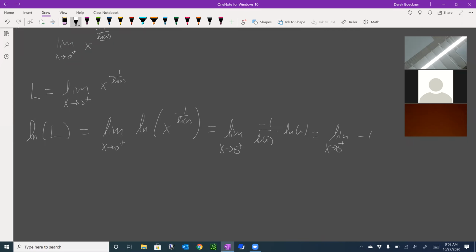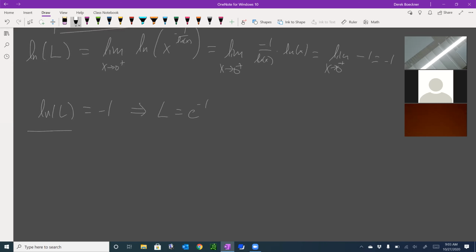Those natural logs cancel. So that's just minus 1, which tells me that the natural log of L equals minus 1, which tells me L equals e to the minus 1. So the limit of this is e to the minus 1. I didn't even have to use L'Hopital's rule there. But that's the transform that you're going to kind of look at. Let's try.